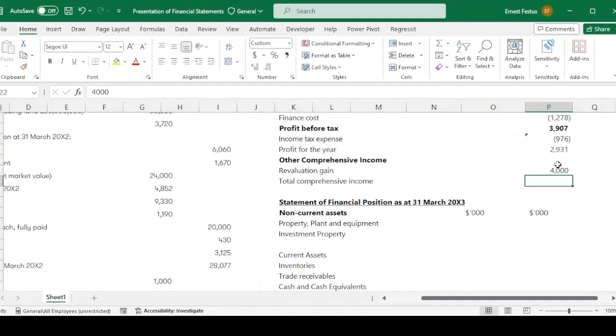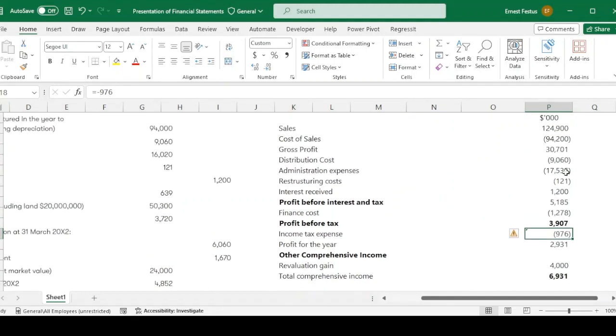Then we have to add it to our profit, and so our total comprehensive income for the year is going to be equal to our profit for the year added to the revaluation surplus, and that is 6391. So I can highlight that, and then I can also insert some border to make my work very nice.